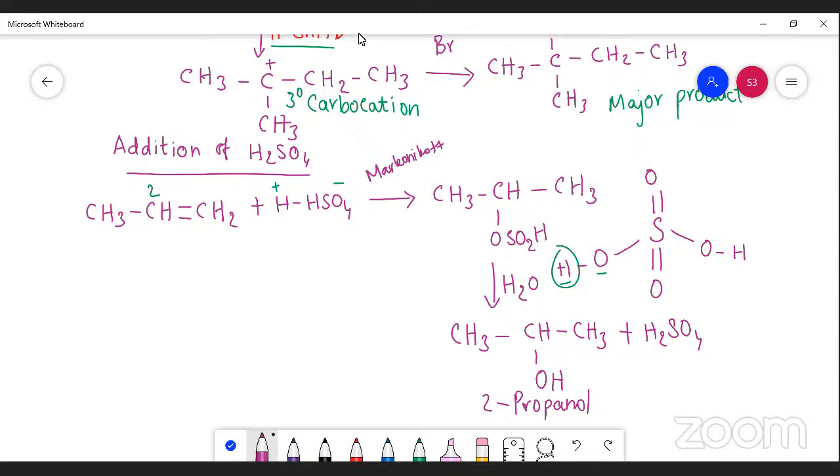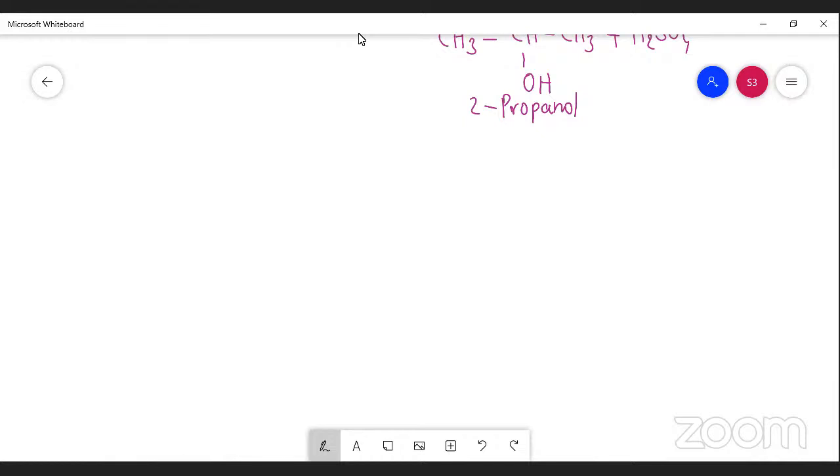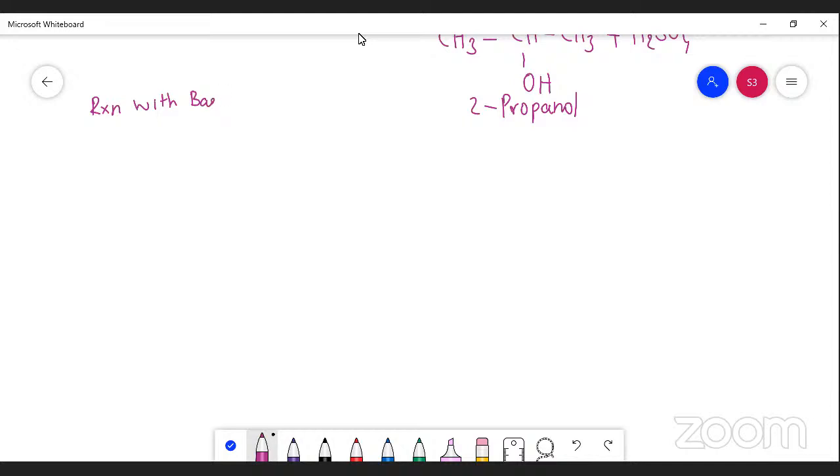Okay. And the next reaction is with Bayer's reagent. What is that Bayer's reagent?